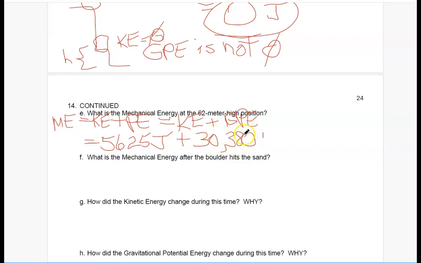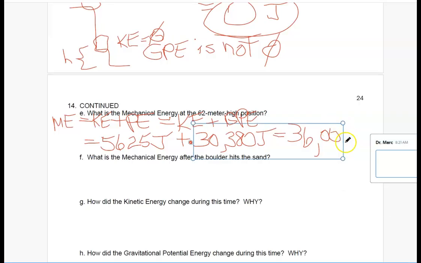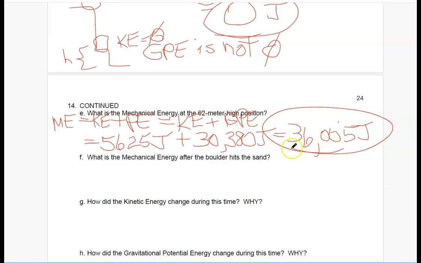And then it's simply a matter of adding those two numbers up to get our total mechanical energy of 36,005. And that's our mechanical energy, this value here.